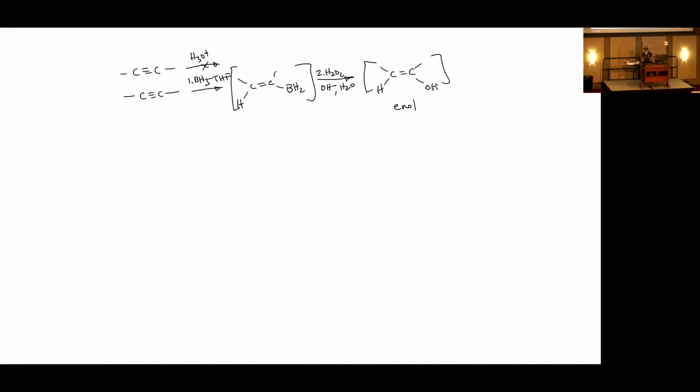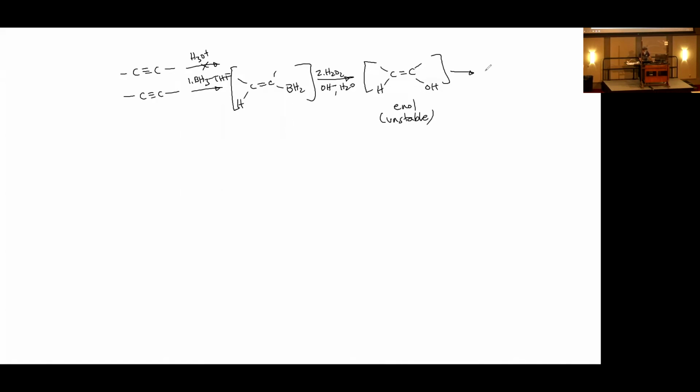As it turns out, these things are unstable. They isomerize, or they undergo a special kind of isomerization called tautomerization, which we'll spell and define thoroughly next week.